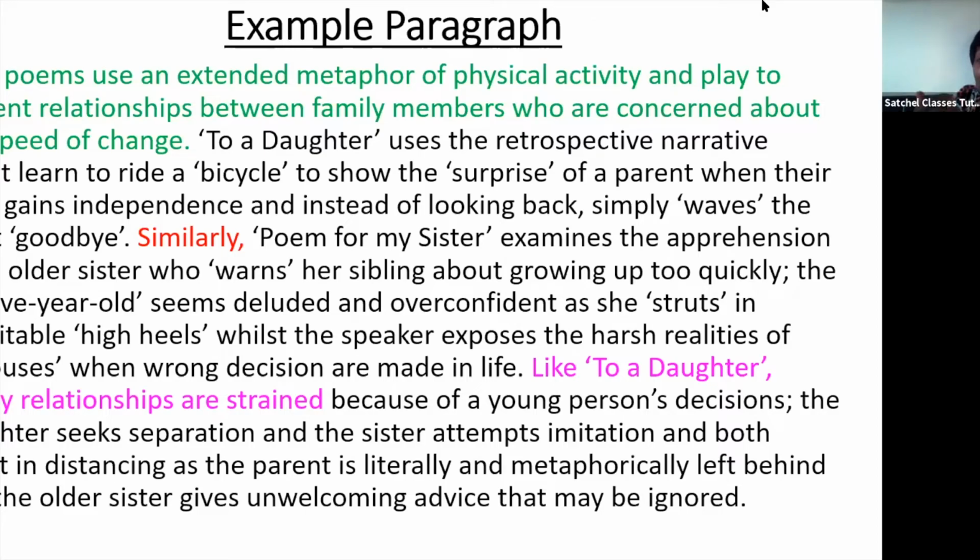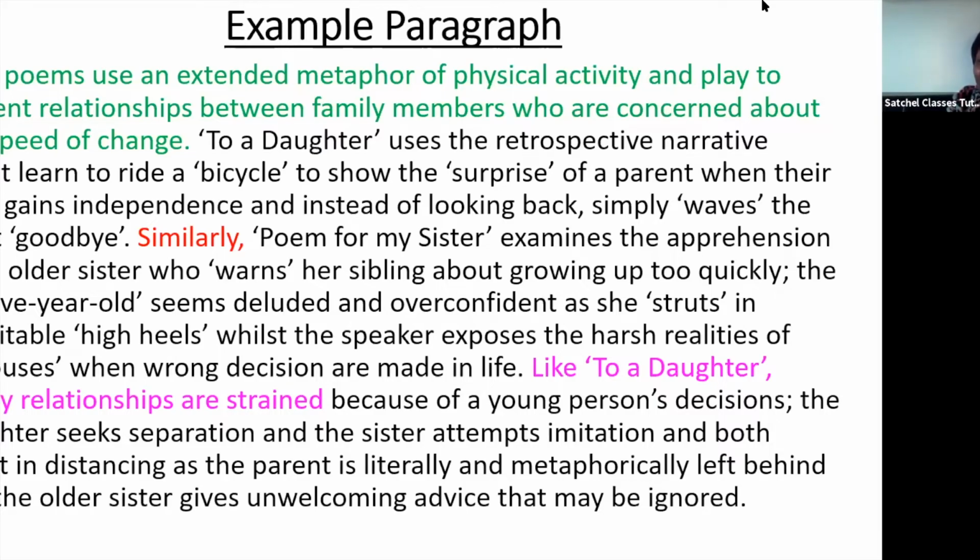To a Daughter uses a retrospective narrative about learning to ride a bike to show the surprise of a parent when their child gains independence, and instead of looking back, simply waves the adult goodbye. So you can see all of the embedded quotations that I've used: bicycle, surprise, waves, goodbye, to put that evidence there for the comparison. Similarly, Poem for My Sister examines the apprehension of the older sister who warns her sibling about growing up too quickly.